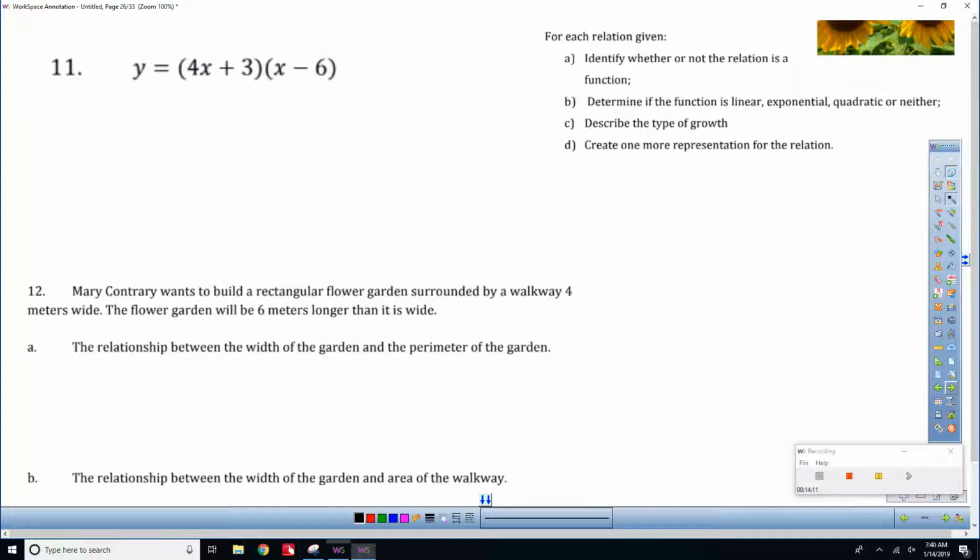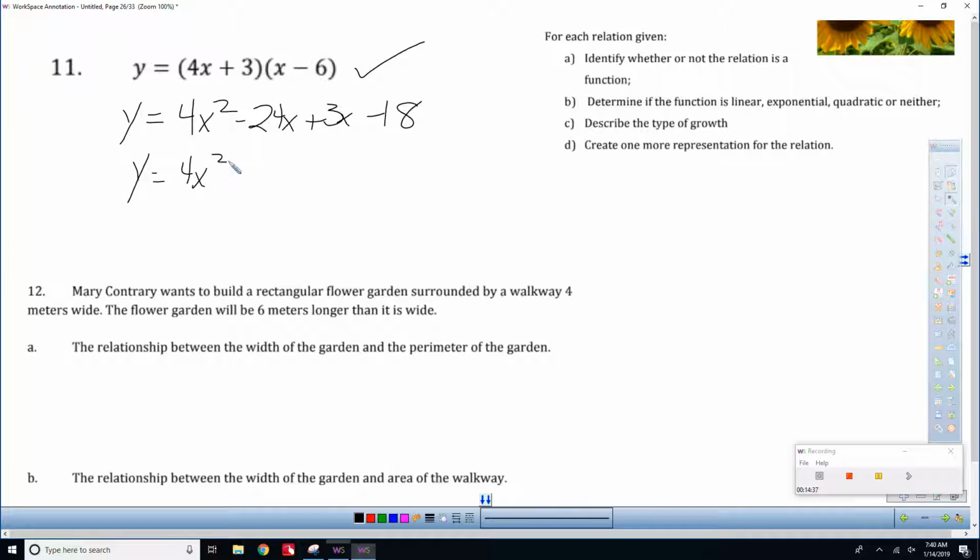Okay? Alright, let's do d first. So this is a function because we can write it as y equals. Let's practice our foiling, and that'll be a different way to write it. 4x times x is 4x squared minus 24x plus 3x minus 18.